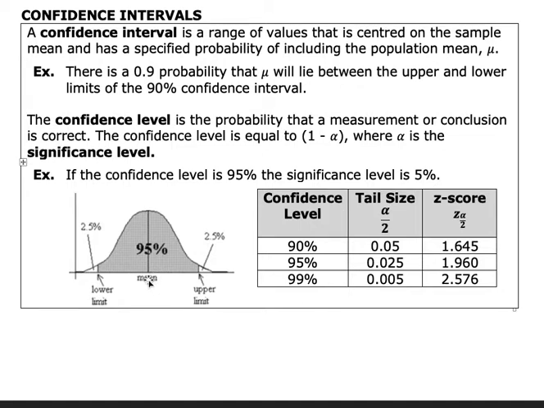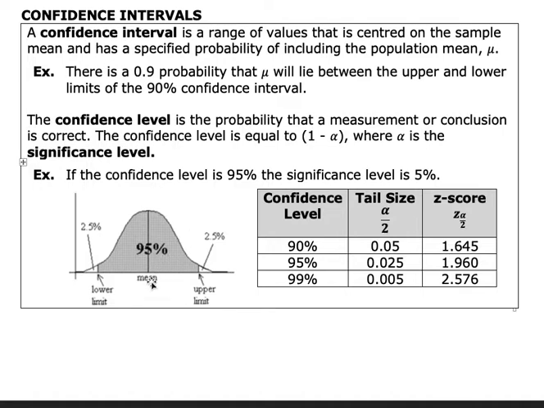So what we're doing is using z-scores based on a sampling distribution to take a certain number of steps, with the center around our sample mean, so that if we want a 95% confidence level, for example, that would mean that there's a 5% significance level. And we're going to have that significance level on the two tails. So 95% confidence level, 5% significance level. We will split that into the two tails, 2.5%.